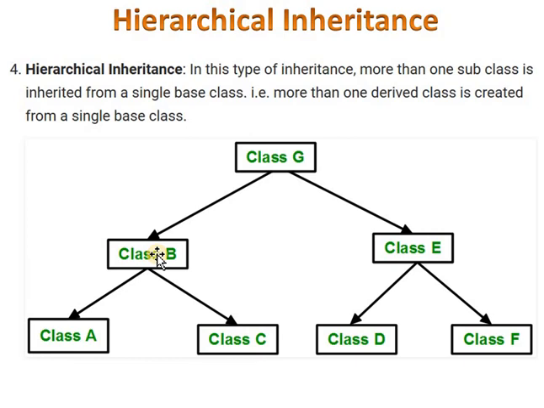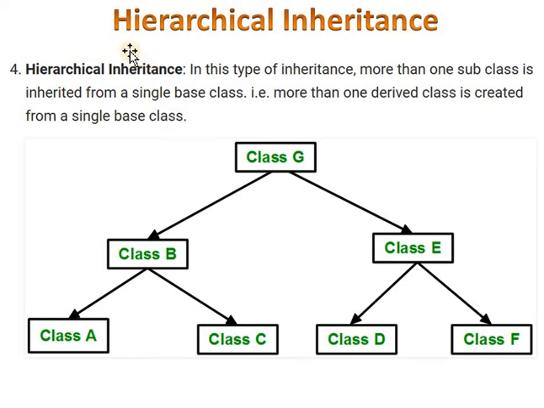The next type of inheritance is hierarchical inheritance. Hierarchical means tree structure. The name itself suggests that there is one hierarchy present. In this type of inheritance, more than one subclass is inherited from a single base class. That is, more than one derived class is created from a single class.